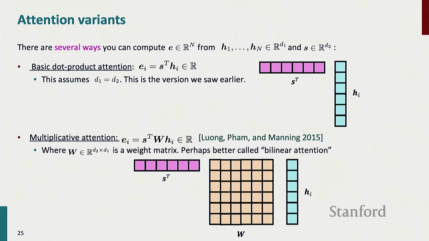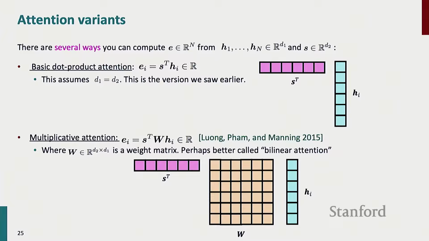So that suggested maybe you could do a more general form of attention. And so Thang Luong and me in 2015 suggested maybe we could introduce what we called bilinear attention, which I still think is a better name. But the rest of the world came to call multiplicative attention, where between these two vectors, we're sticking a matrix. And we're then learning the parameters of this matrix, just like everything else in our neural network.